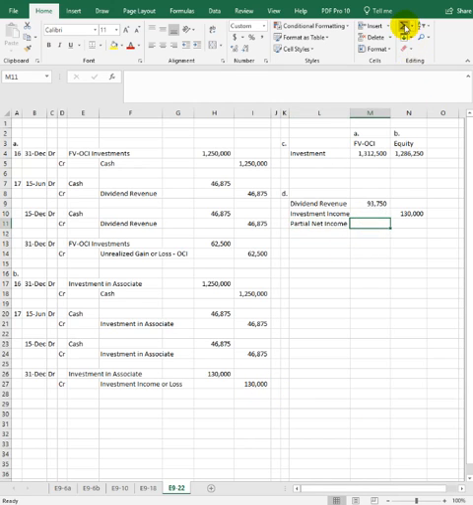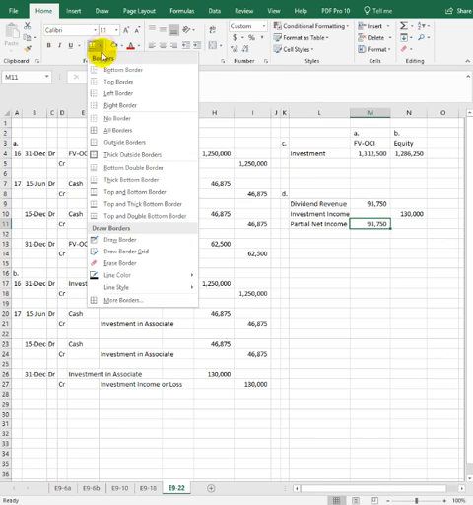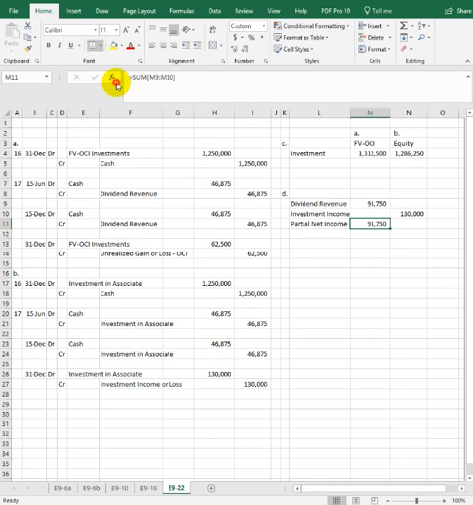So we have the sum here. There we go. Let's put in our upper border. And then if we click again, just drag that over. So that's the amount that's in net income. And of course we have the other comprehensive income, unrealized other comprehensive income.